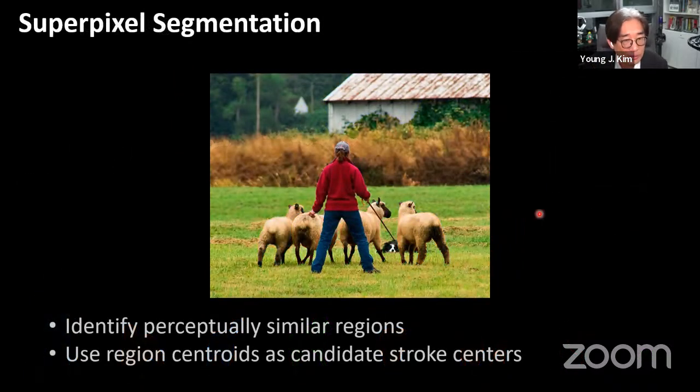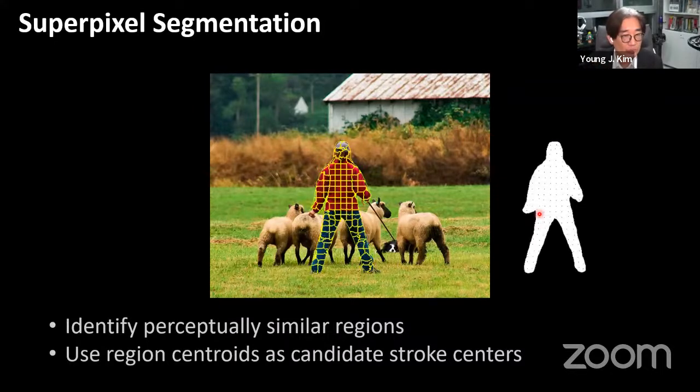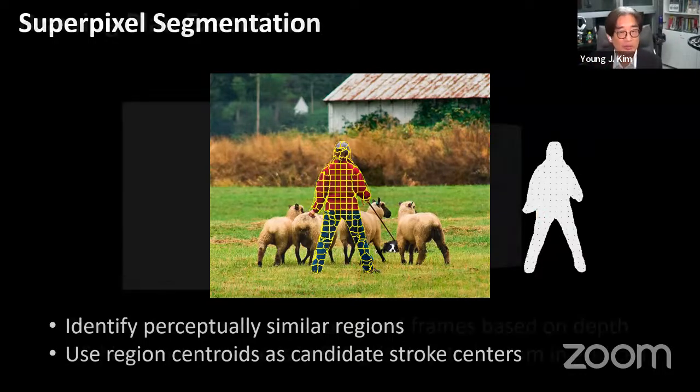Then for each segment, we group the perceptually similar regions, which we call superpixels. For each group, we find the centroid, which will serve as the beginning of the painting strokes. Start from there and start to draw.